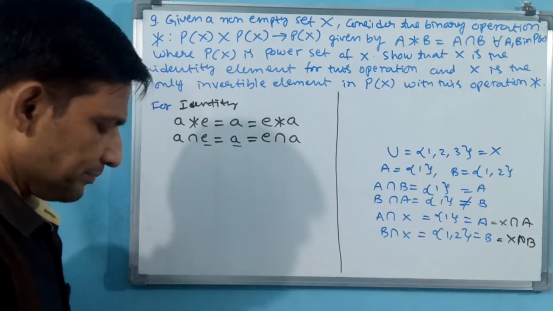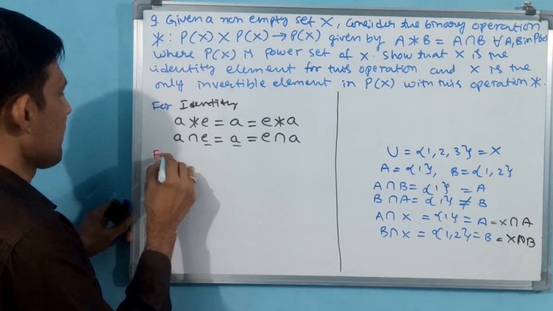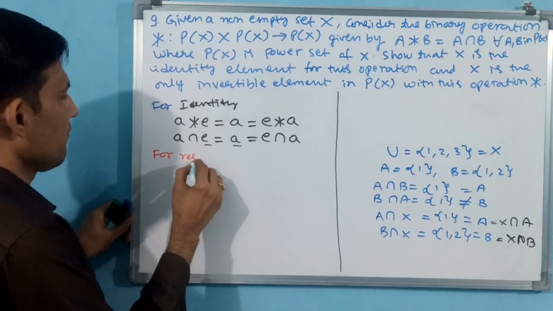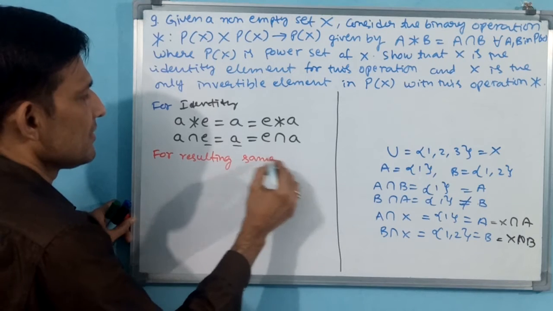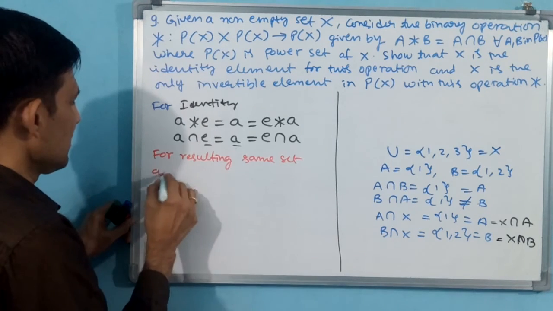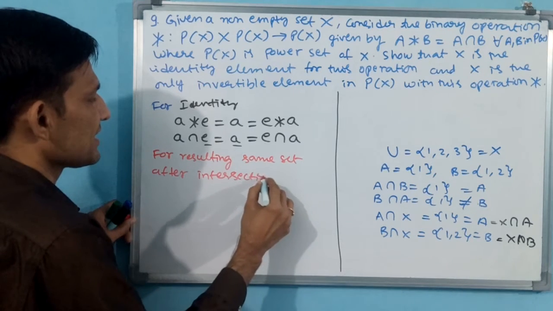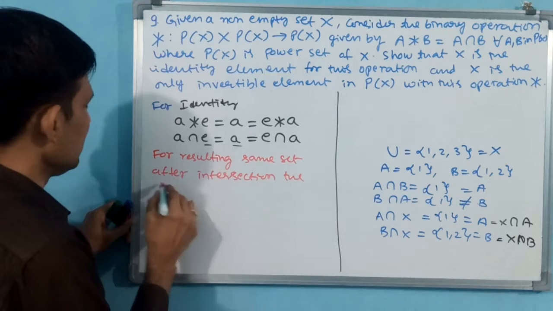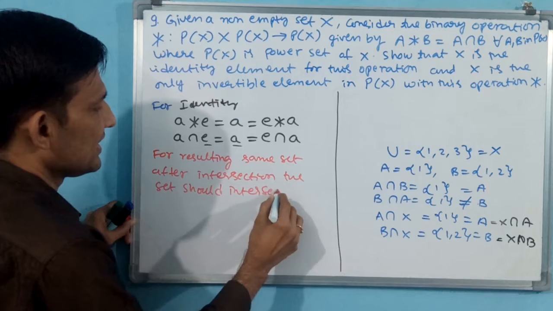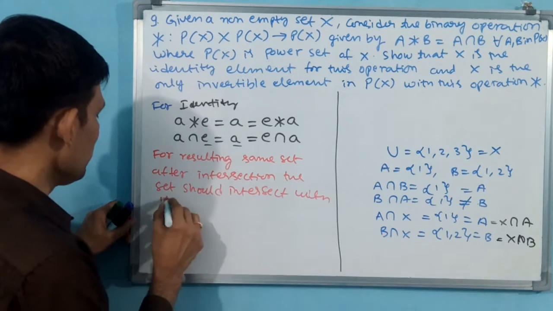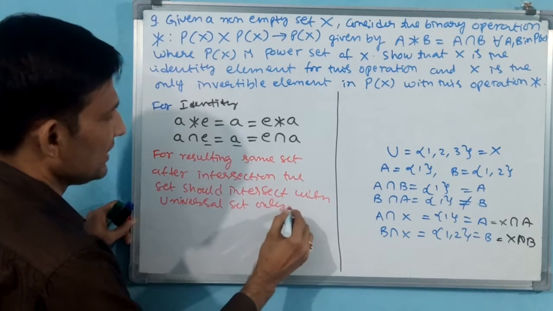You write like this. For resulting the same set after intersection, the set should intersect with the universal set only.